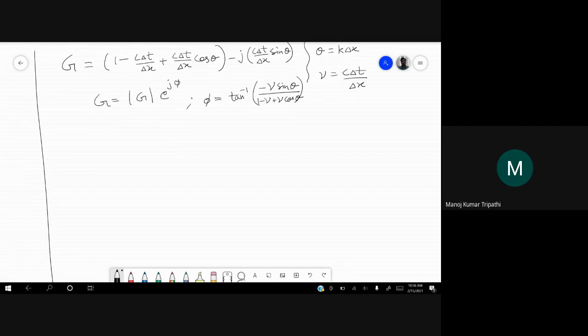And here mod G in this case is the square root of (1 minus nu plus nu cos theta) whole square plus (minus nu sine theta) whole square, which is nu squared sine squared theta. Okay.